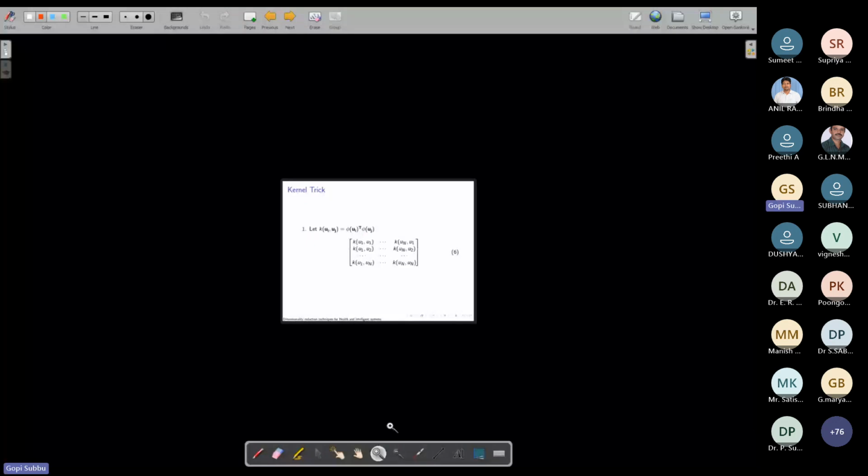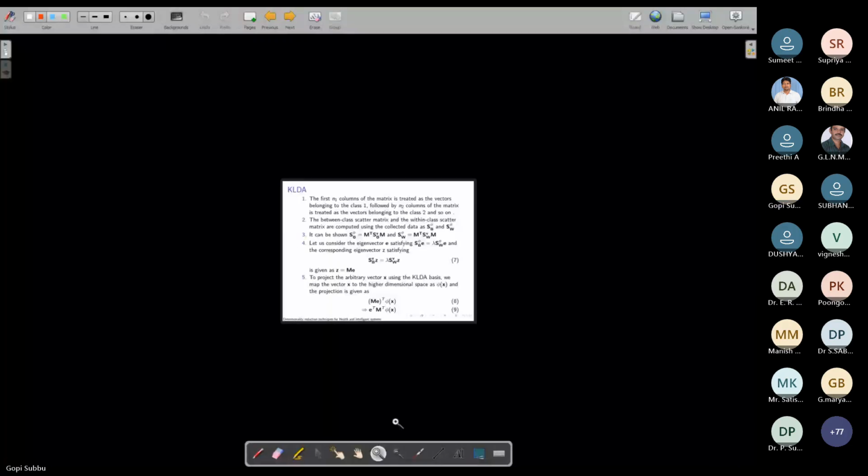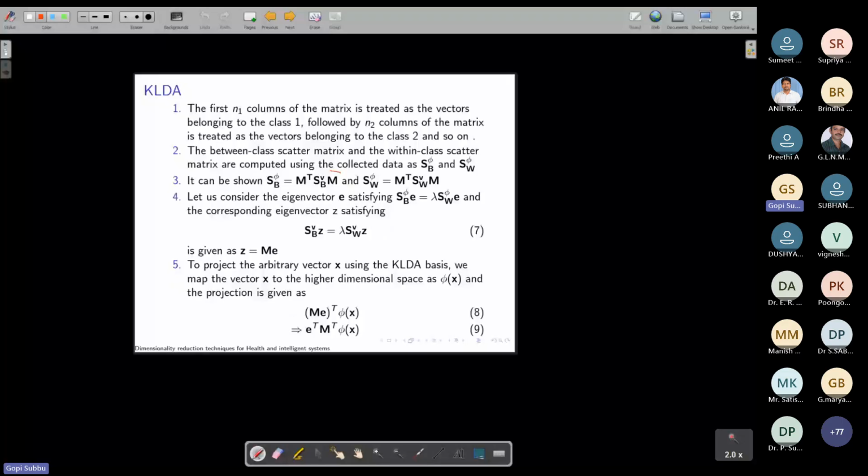The inner product in the higher dimensional space is represented like a kernel function, and that is what we call the kernel trick. So this is the kernel matrix.